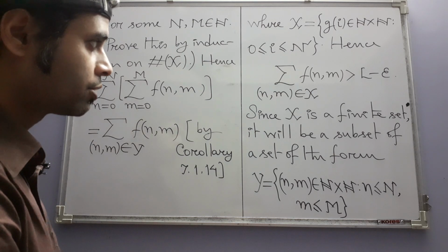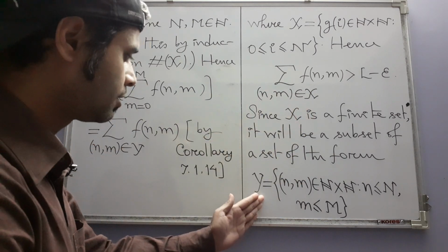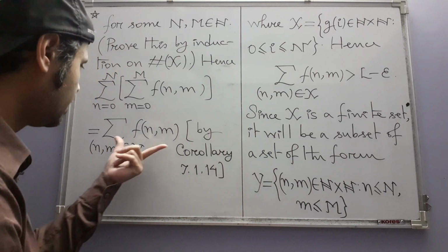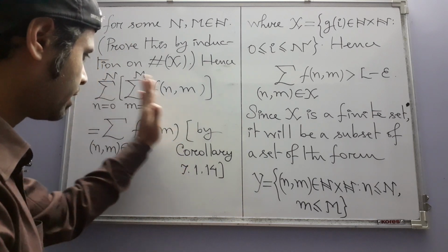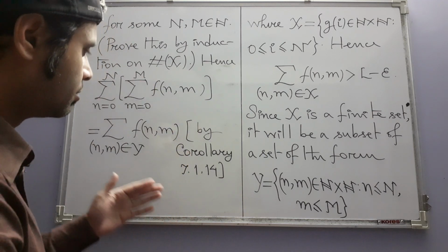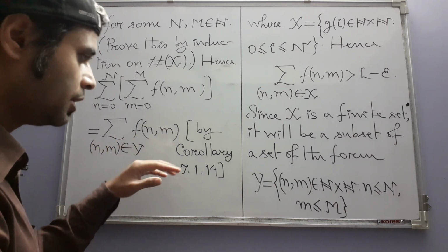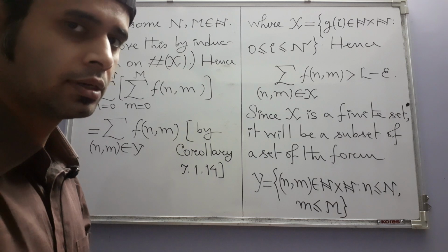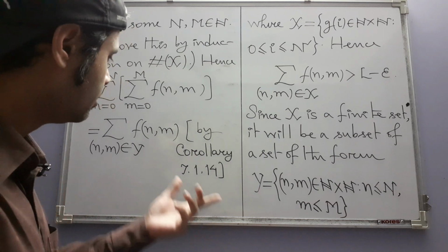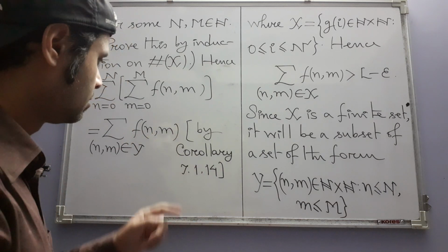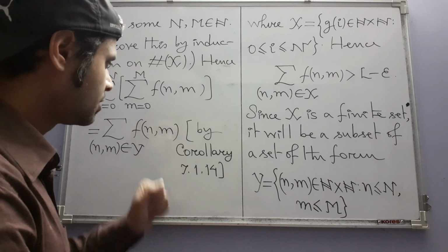Now, because x is a subset of y and over y we have written a finite sum, if I restrict my variable n comma m in particular over x, that means I am possibly losing some terms. And what is the nature of these terms?